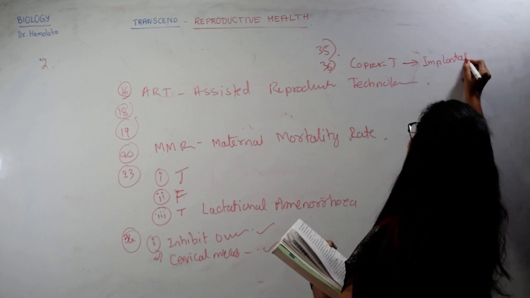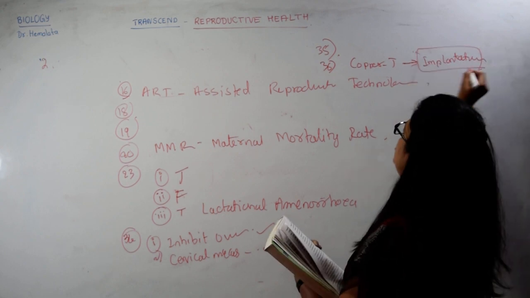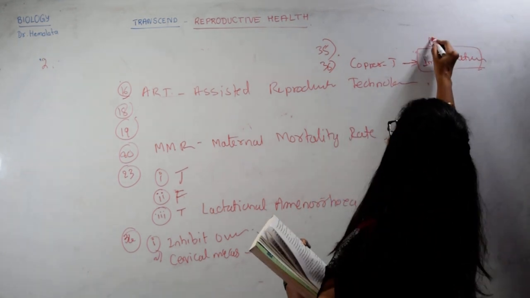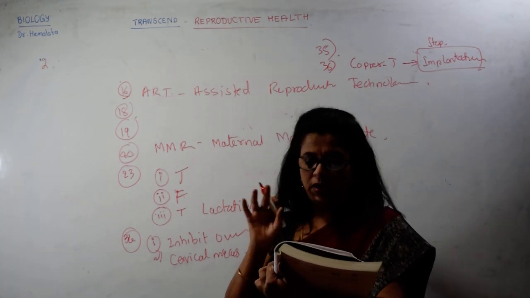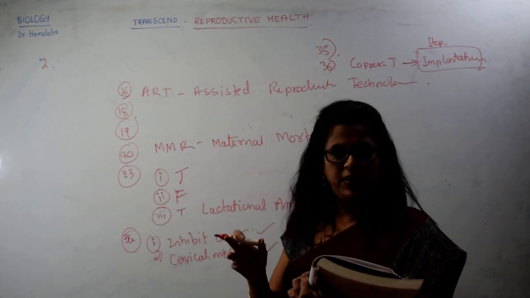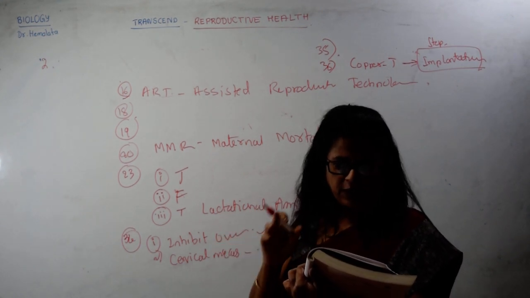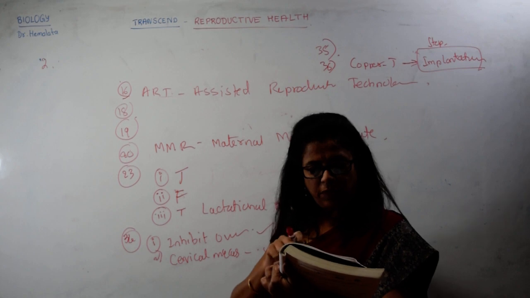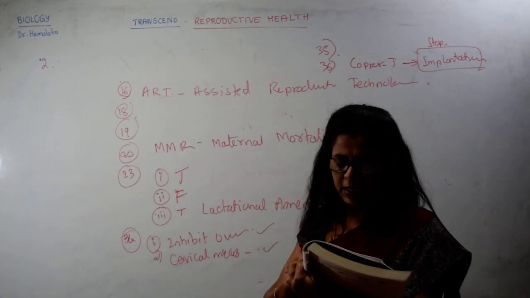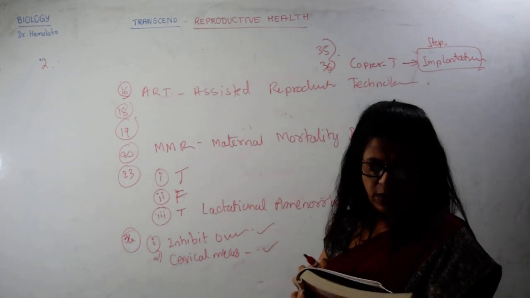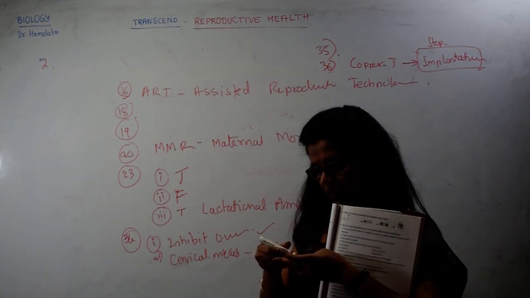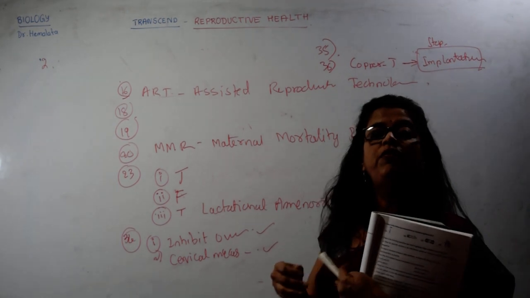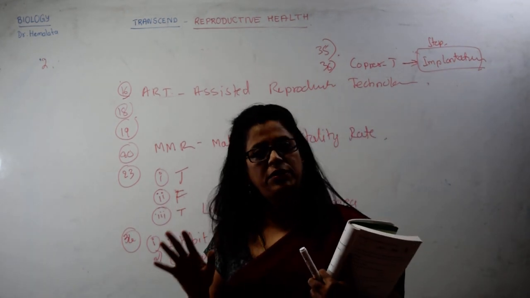All the IUDs do the same thing, they stop implantation. So first option, inhibit ovulation, is wrong. Inhibit fertilization is wrong, because fertilization is not connected with copper T. Inhibits implantation of blastocysts is the right answer. It inhibits gametogenesis is wrong. Therefore, among all four answers, C is right, because any IUD you think of, they will inhibit implantation only.